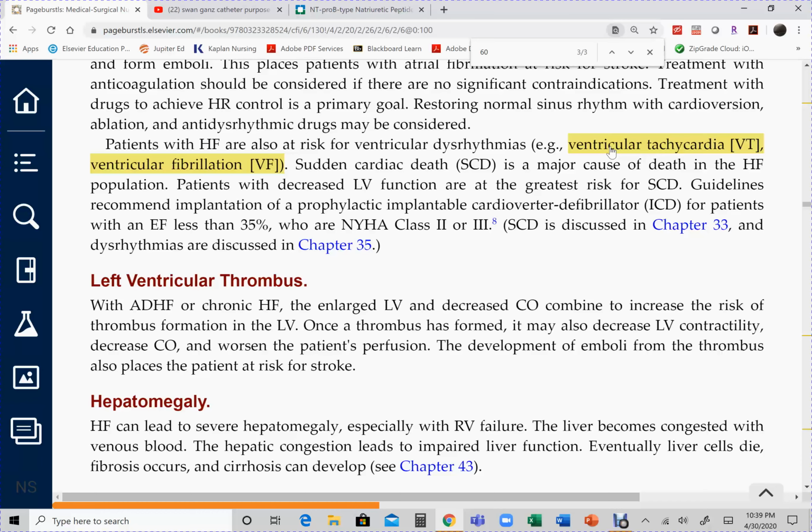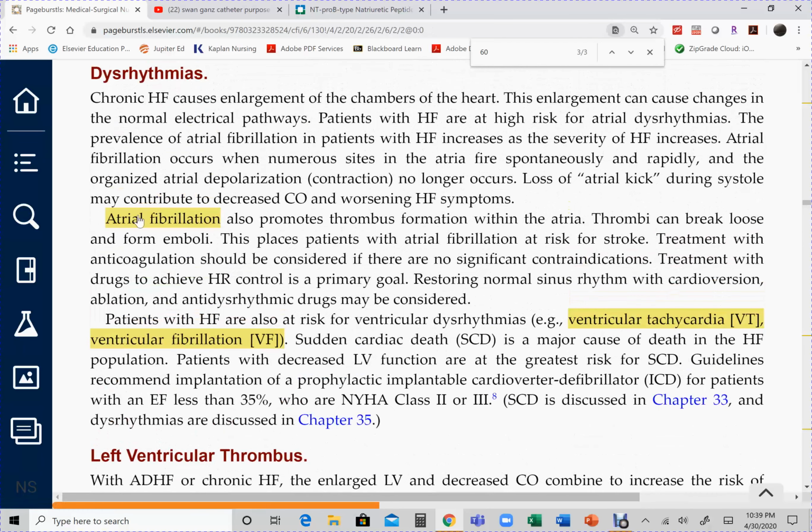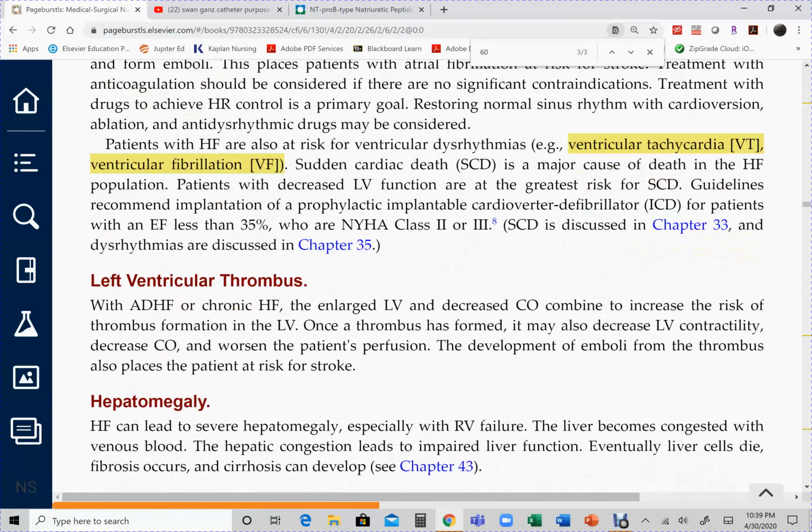And VFib, on the other hand, the heart's kind of beating, but not hard enough to produce any cardiac output. So this is the ventricles fibrillating as opposed to the atria fibrillating. It's just quivering. Both will have zero cardiac output, so therefore this will cause cardiac arrest.